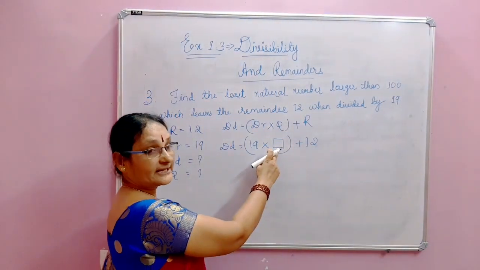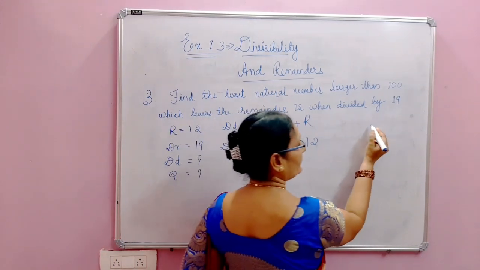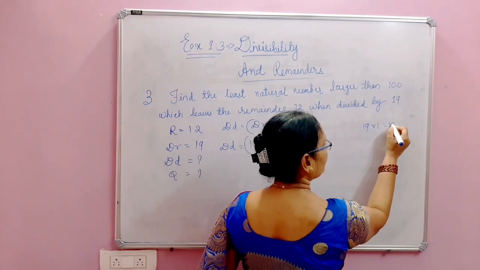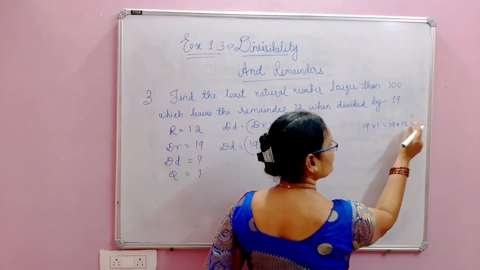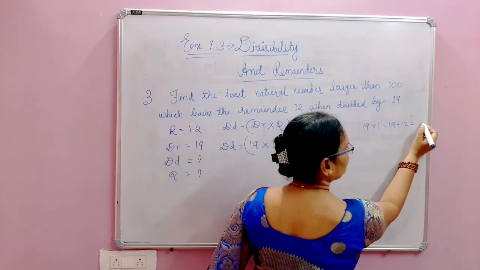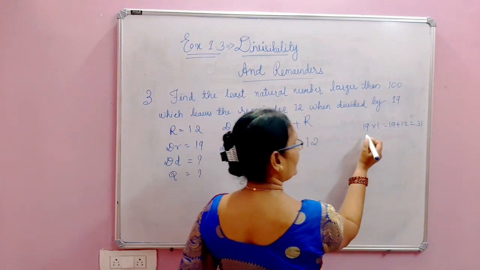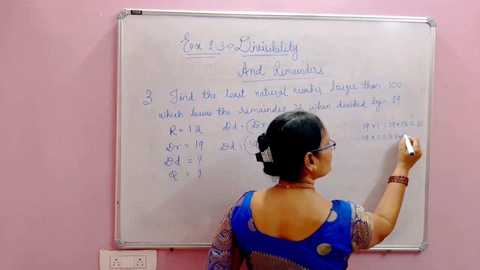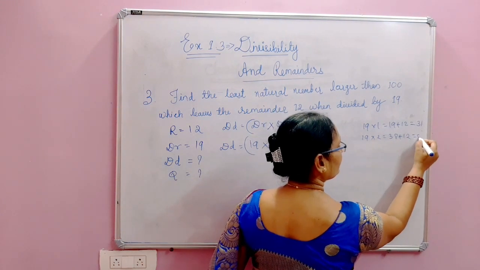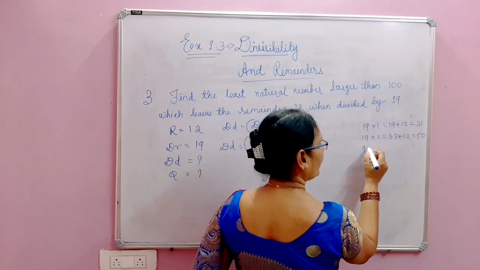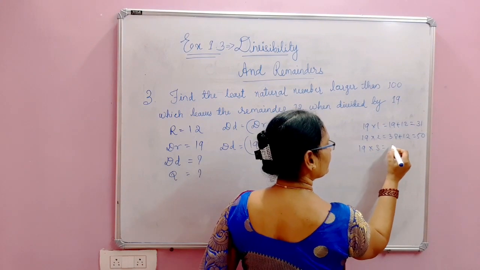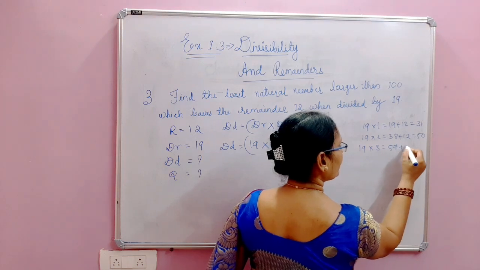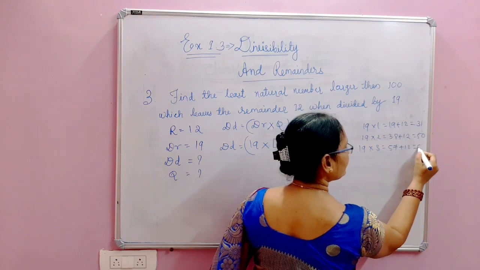See, 19 ones are 19. 19 plus 12 is how much? 31. Okay. 19 twos are 38 plus 12, 50. 19 threes are 57 plus 12 is 69.